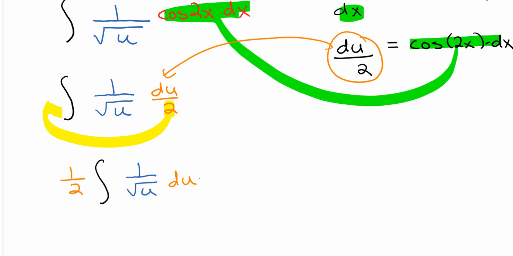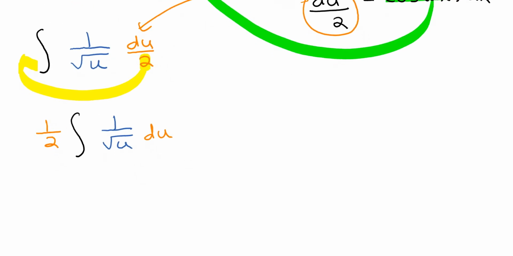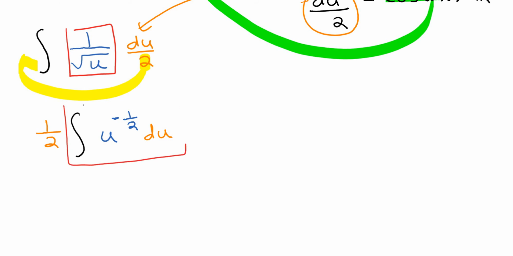Okay, and what I'll do next is, instead of writing the middle term as 1 over the square root of u, let me erase this now, and let me write that as u to the power of -1/2. Okay, so by doing that, now I can take the antiderivative of this expression pretty quickly by adding 1 to the power.